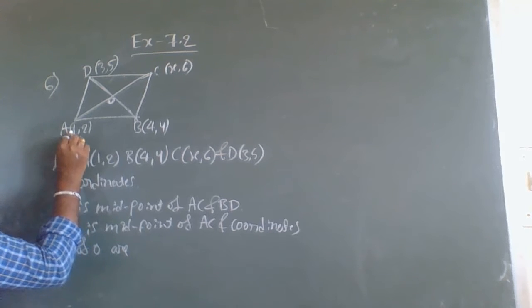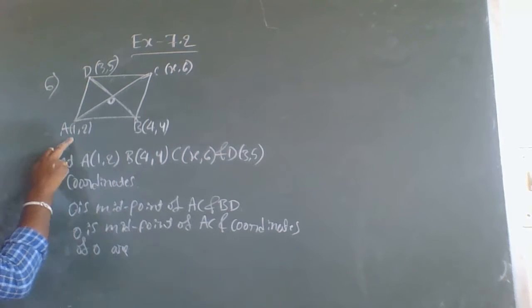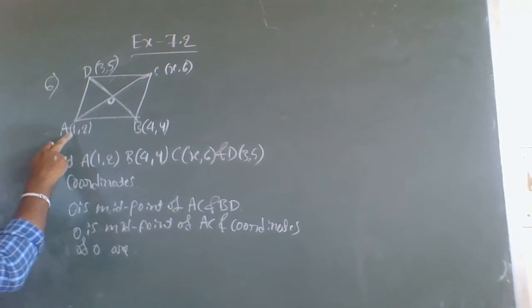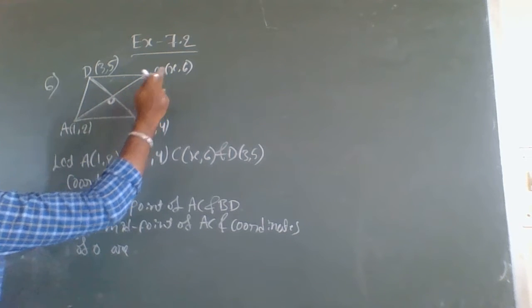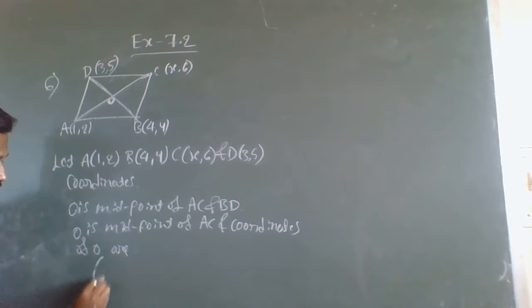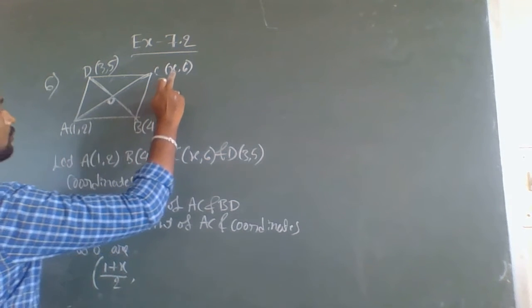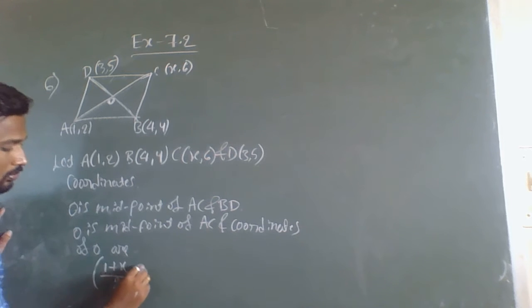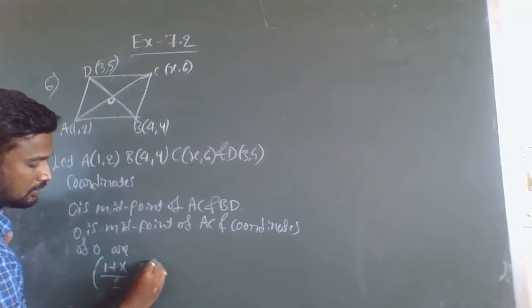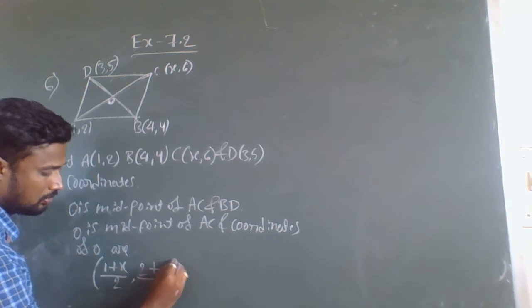midpoint means here 1 plus x. We'll add coordinates of x values only. 1 plus x divided by 2, comma, y coordinates, what are those? 2 plus 6 by 2.